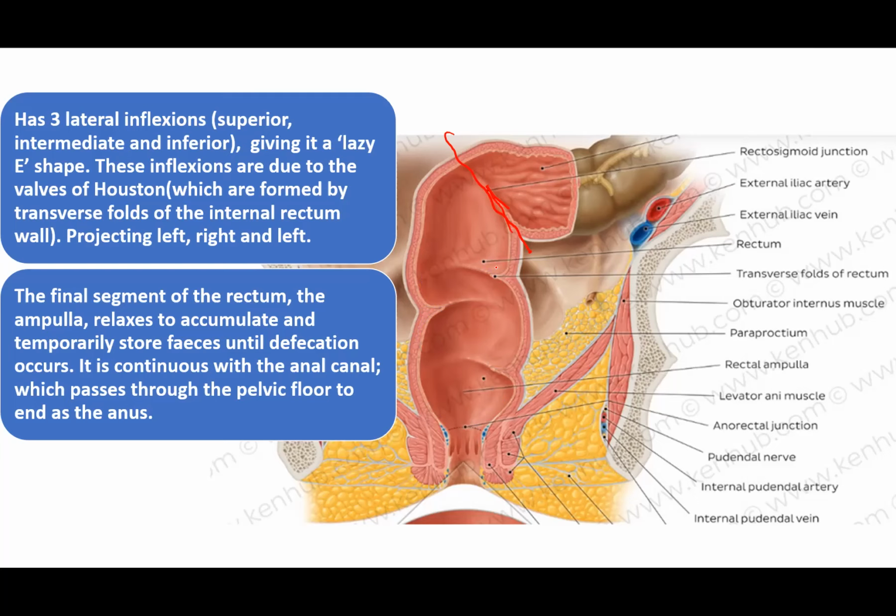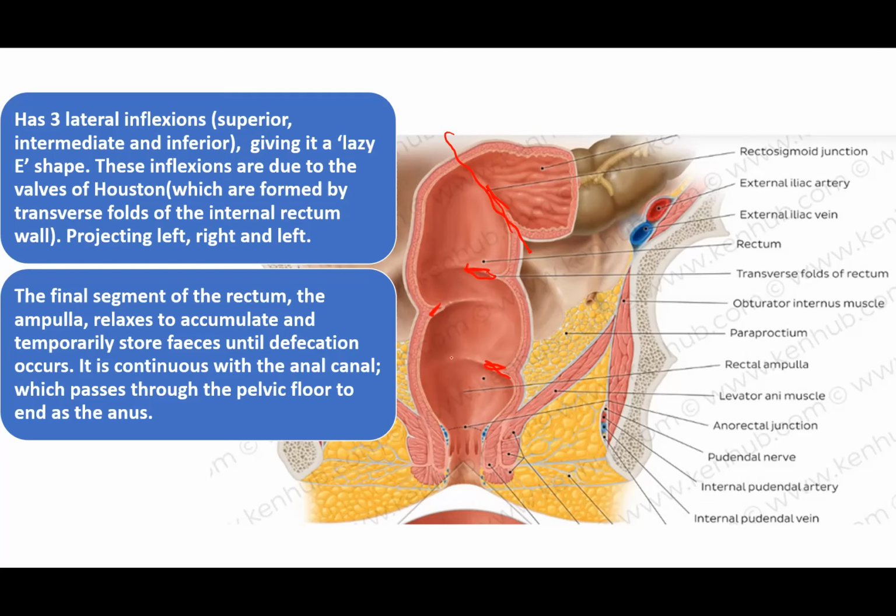You can see how many left? You have two left: left, right, left. Don't forget this. So the shape of the rectum is determined by the sacral flexure and rectal flexure, as well as the inflections caused by the valves of Houston.